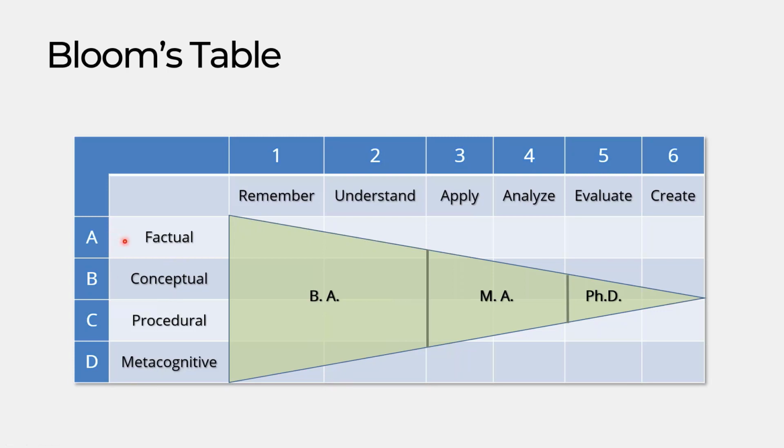And so we're looking at factual, which would correspond a lot with remember and understand, but really it could correspond with any of the cognitive dimensions as well. We're looking at knowledge, terminology, details about concepts or theories. Then we go on to conceptual, we're looking at theories or principles. Procedural would be more methodology, techniques.